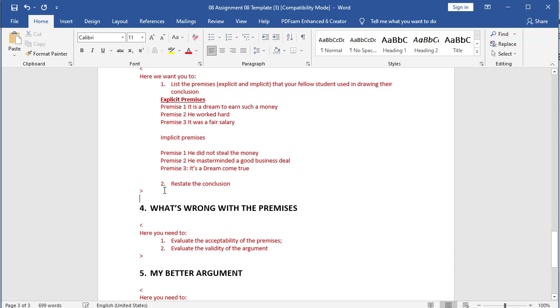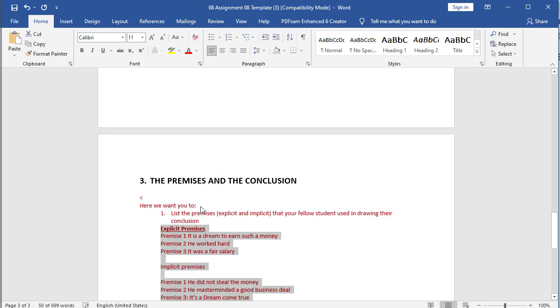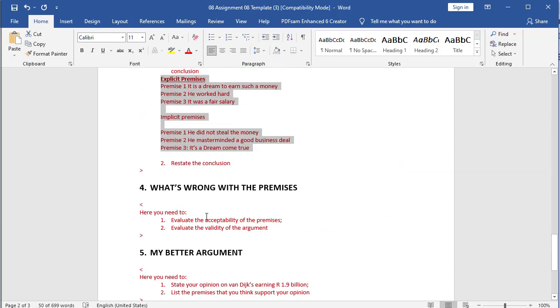So after that, you are going to come to restate the conclusion. What is the conclusion from these premises that you got from this assignment? So you'll have to state the conclusion. Mostly it will be more the same as what has been said on the assignment.